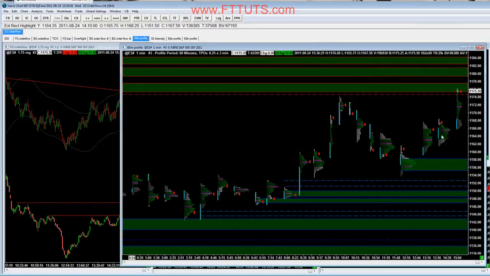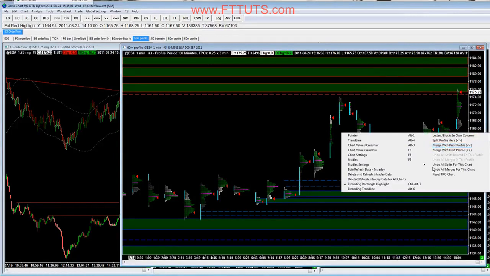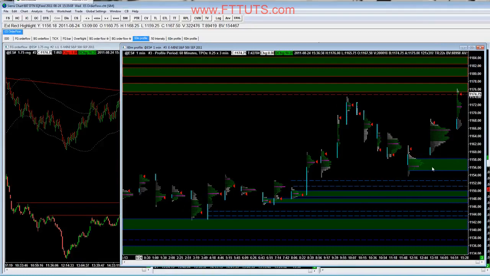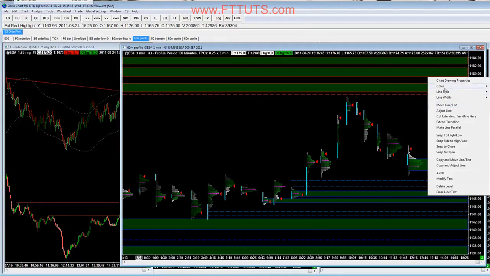What we could do here is actually merge these two areas, right? Overlapping, and then we'll get one nice symmetrical area in here. Right click, merge with prior profile. Now we have a nice area there that we could deem as a value area, wholesale value.